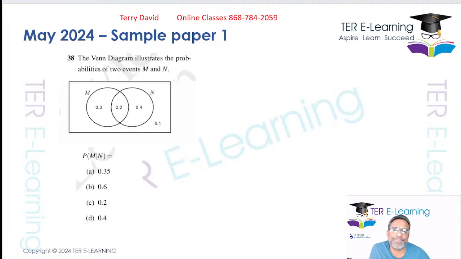Question 38. We have a Venn diagram here, and the Venn diagram shows the probabilities of 2 events, M and N. We want to work this out here. What do you all think is the answer for this?